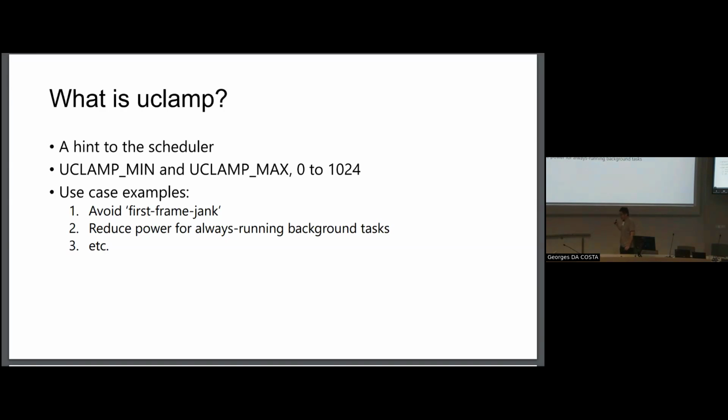What you can do with Uclamp is, for example, in Android, when you scroll on the phone, you always have this first frame jank problem because with schedutil and the PELT signal, the utilization takes time to ramp up. And when the utilization is still going up, the frequency, the OPP selection, will be low.